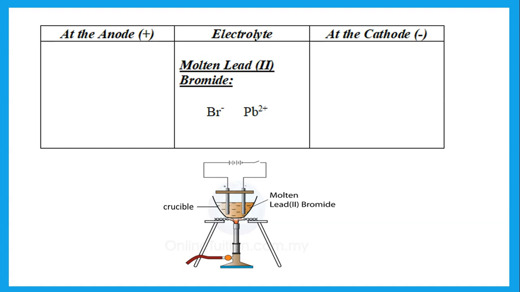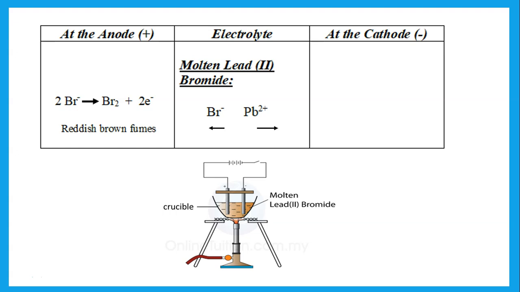Now, what happens? Of course, we said the negative ion goes to the anode and loses electrons. And that means it changes from bromide to form bromine. Now, you should know that bromine originally is reddish brown, and originally it is a liquid.